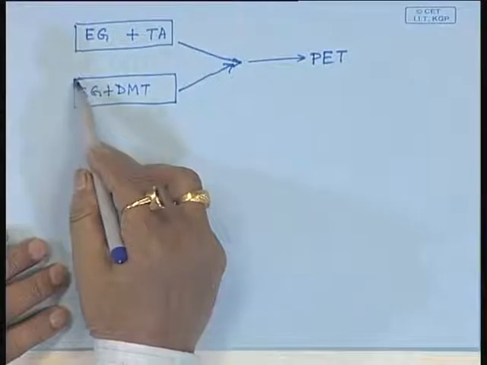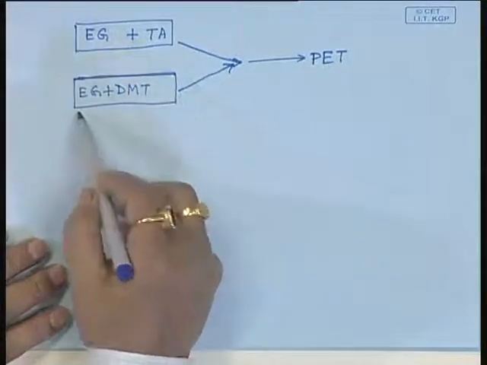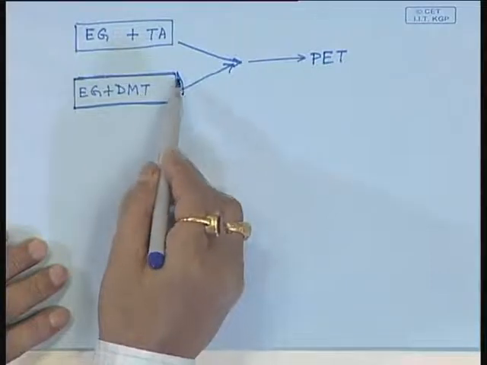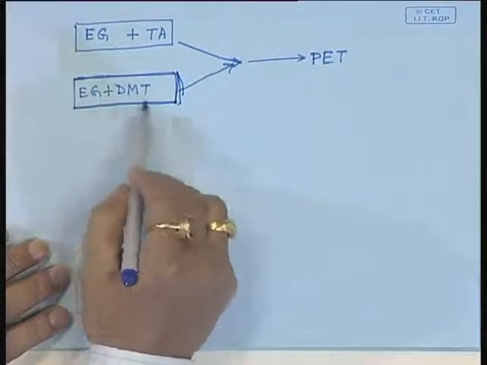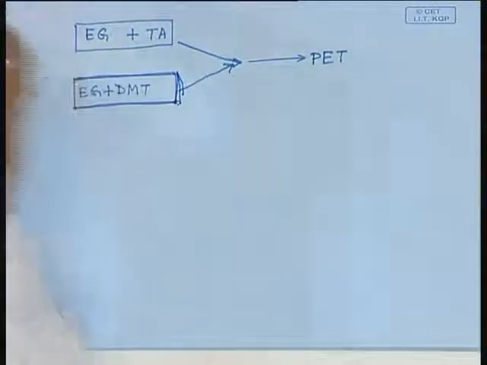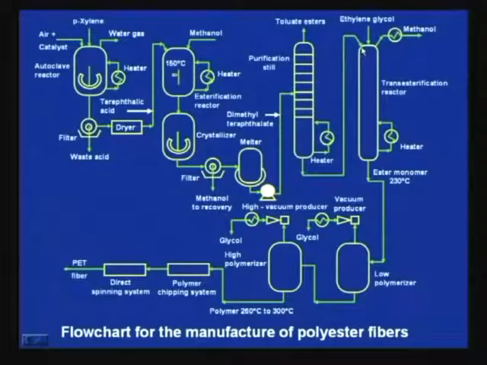Now, actually this is the most accepted technique, this DMT route. Here this shows a DMT route. Till this point, this step shows formation of dimethyl terephthalate.